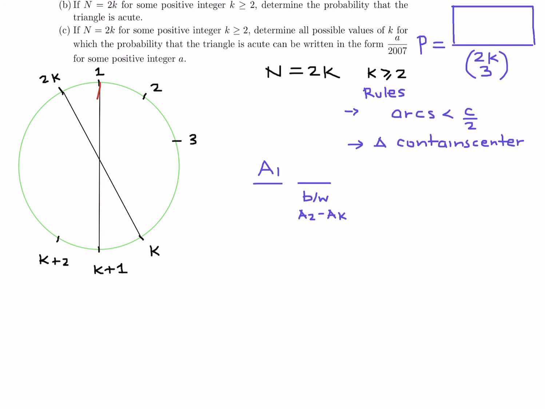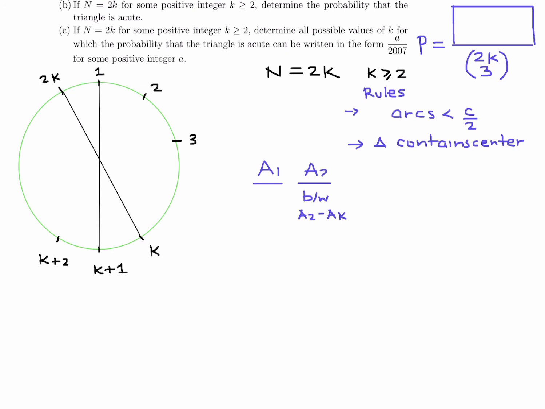Well, because if you have 1 and then k plus 2, and then you chose any point in between, then that also doesn't work. Because remember, the triangle cannot be entirely in one half of the circle. Remember, I talked about that previously. So the only possible values for the second vertice are between A2 and AK. All these guys. All right? So that's the first thing I wanted to mention before I start putting in values.